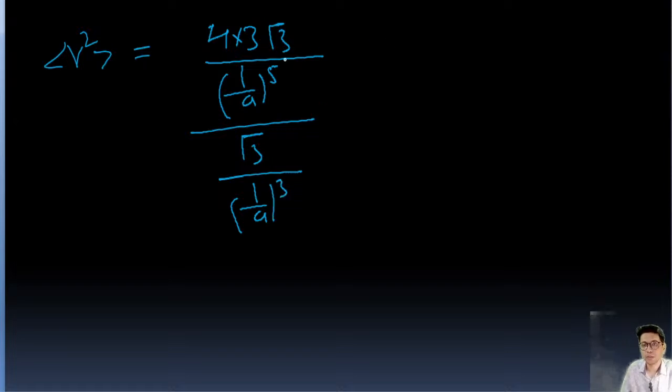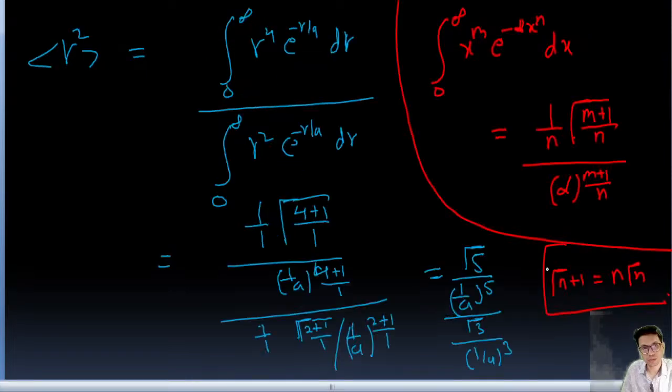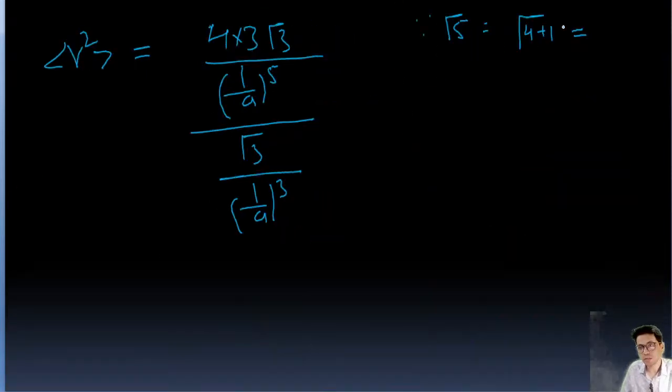Because gamma 5 we can write as gamma 4 plus 1, and by the property gamma n plus 1 equals n gamma n, this is 4 gamma 4. Again gamma 4 we can write as gamma 3 plus 1, which is 3 gamma 3. So this is 4 into 3 gamma 3. This is how we've got the gamma 5 value.